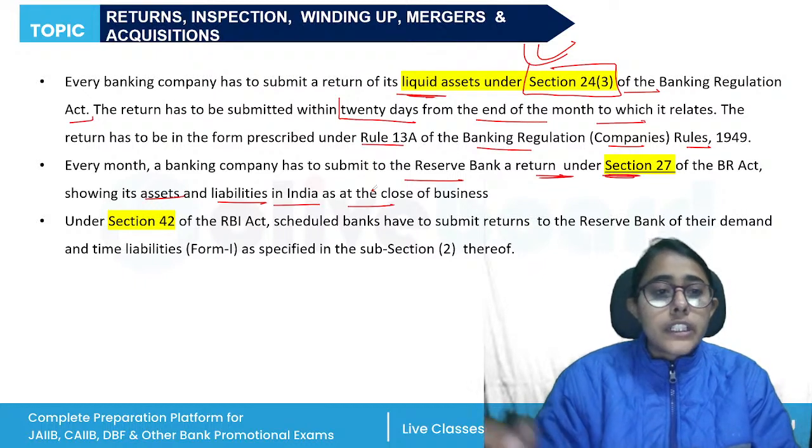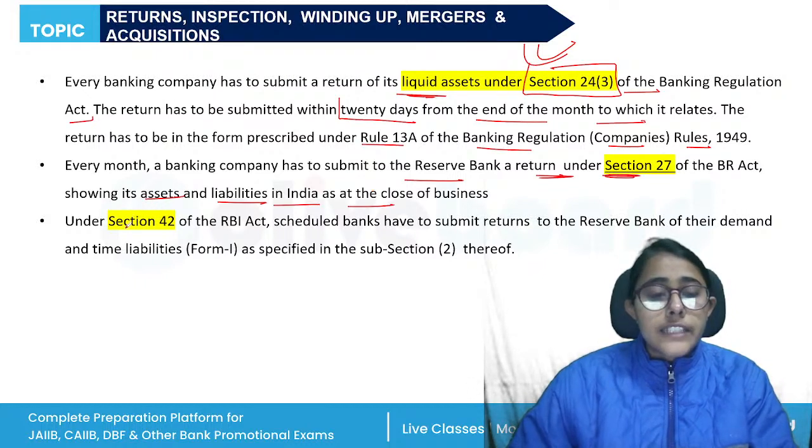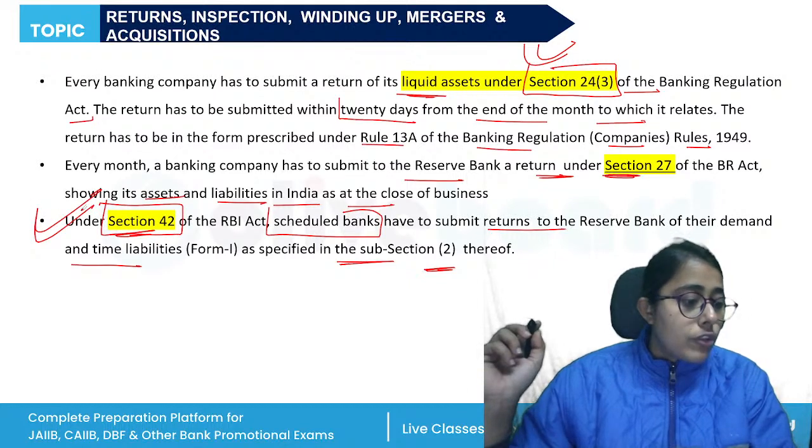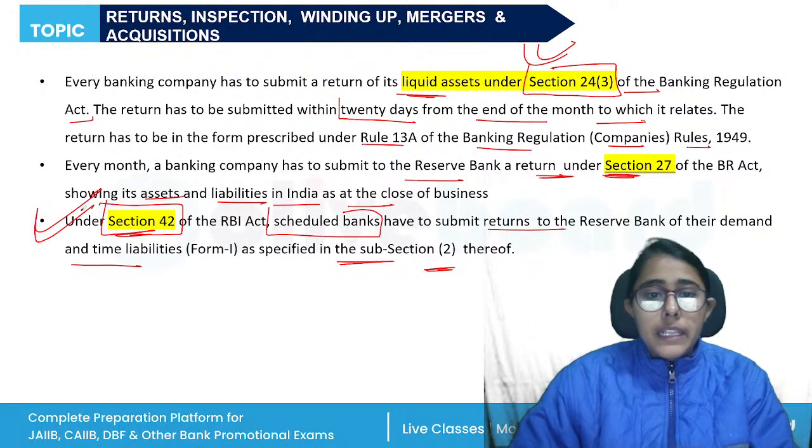When we talk about the return of scheduled banks under section 42 of the RBI Act, the scheduled banks have to submit returns to the Reserve Bank of their demand and time liabilities, which is specified in subsection 2. So section 42 talks about the returns that have to be submitted by the scheduled banks.